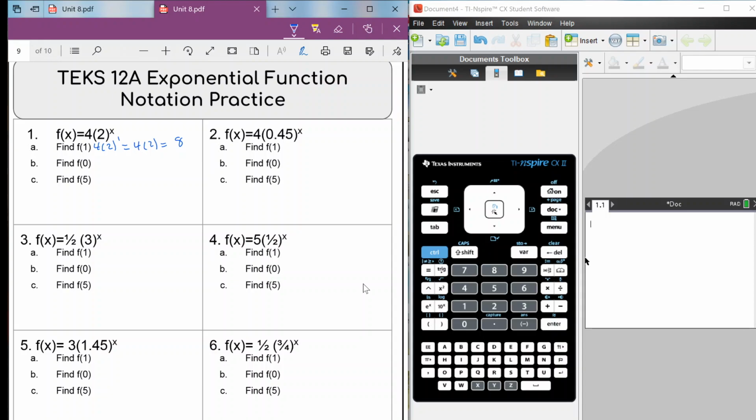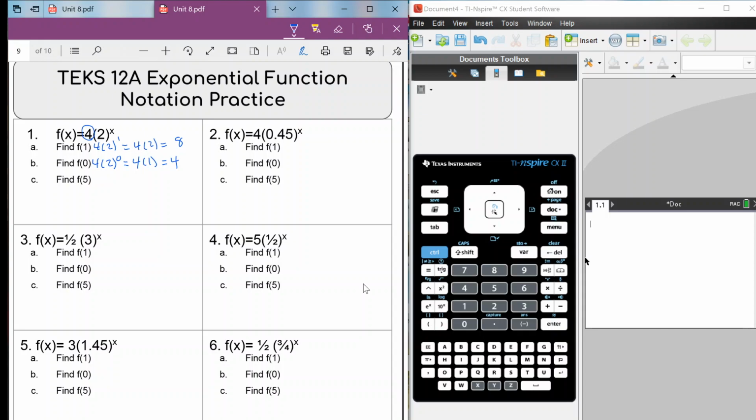So let me show this. This is 4 times 2 to the 0 power. Anything to the 0 power is 1. So this is 4 times 1, which is 4. Or we could just know that since it's raised to the 0 power, it's going to be the y-intercept, which is that outside number.